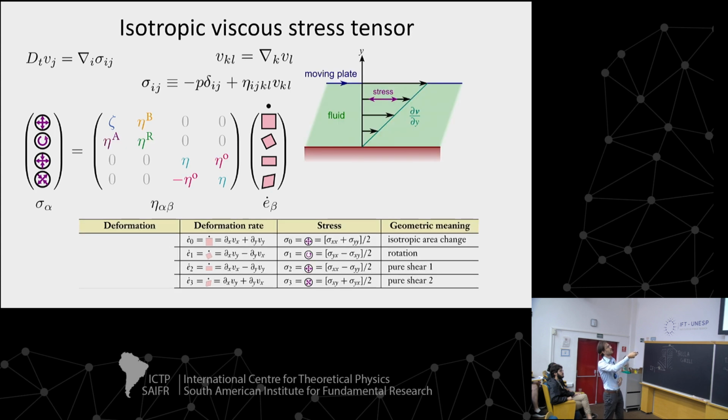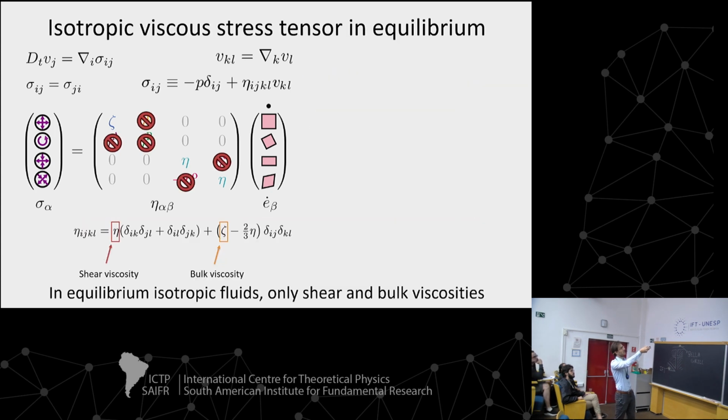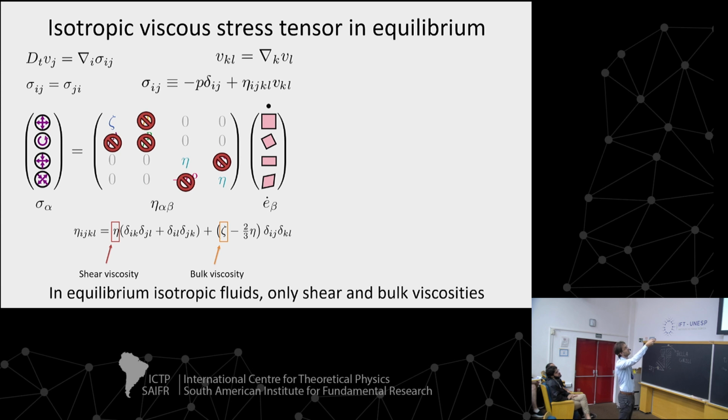So by the way, I didn't really explain this notation, but you can rewrite the two indices of this strain rate gradient in terms of a kind of column vector by flattening this matrix. And in this column vector, you have four different components.